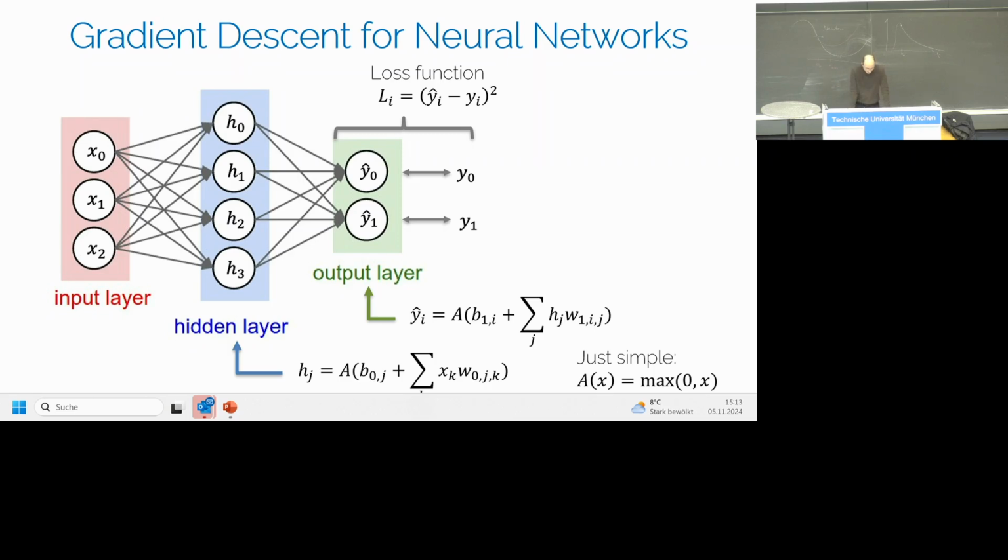Here's a simple example of how gradient descent works for neural networks. Here, as you can see, we have one input layer, we have one hidden layer in blue, and we have the green output layer, y hat 0 and y hat 1 is the output. And then we have a loss function.